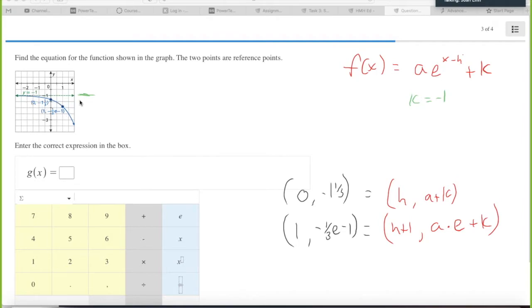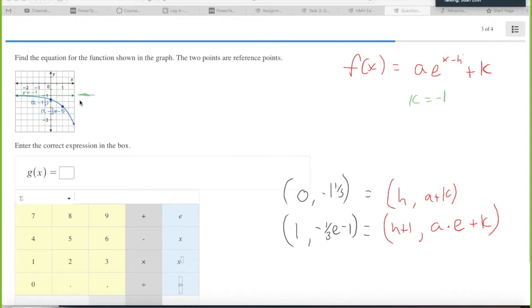So I knew that this one was our first reference point because we have h and we have h plus 1. 0, 0 plus 1. So that's how you can tell which reference point you have, unless you have something like h or h minus 1. But our formula is for h plus 1.